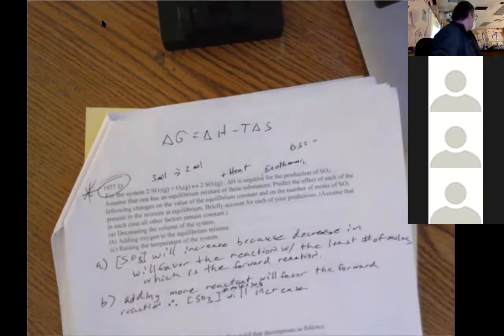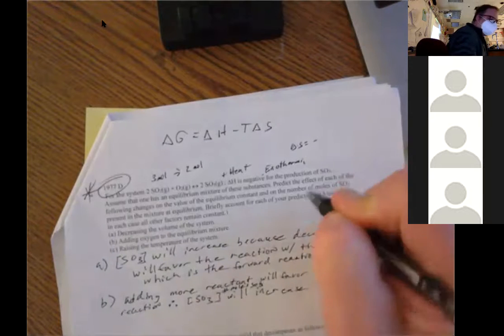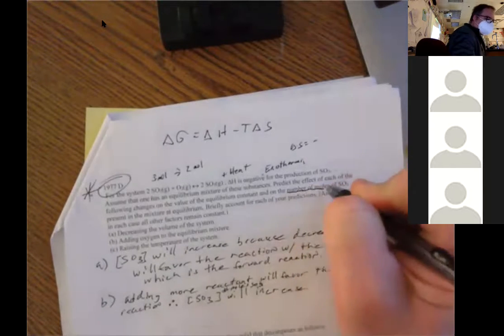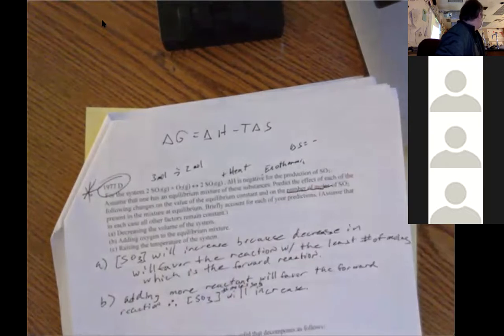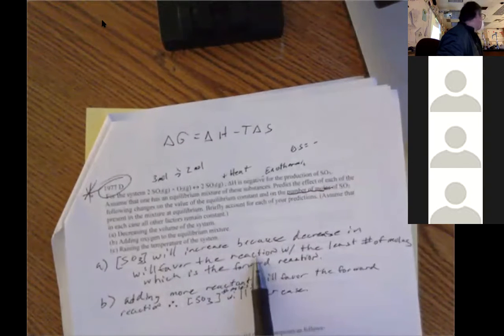That way, if somebody is grading it and is looking for concentration, it's covered. Since it does say the number of moles up here, we know that if we increase the number of moles without changing the volume, I would probably put number of moles in there instead of concentration.